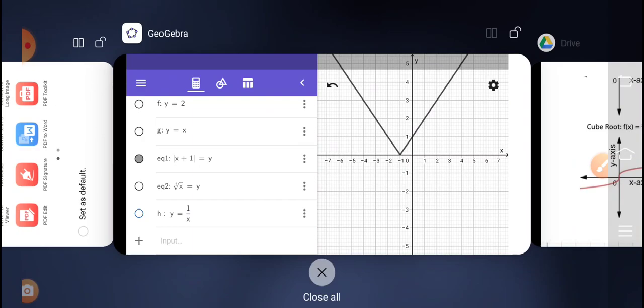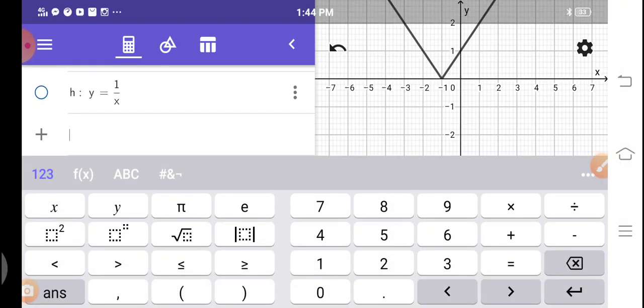Let's try to graph using GeoGebra. So we have y is equal to, let's say, 1 over x squared. So that's the graph.